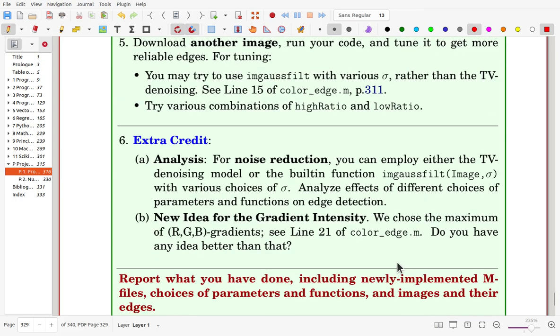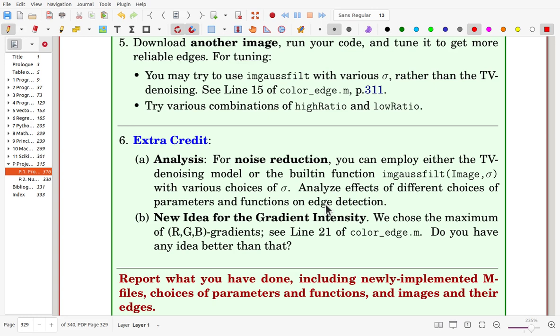Okay. Here we have another set of extra credit analysis. For noise reduction, you can employ either the TV denoising model or the built-in function imgaussfilt, along with the sigma, and analyze the effect of different choices of parameters and functions on edge detection.